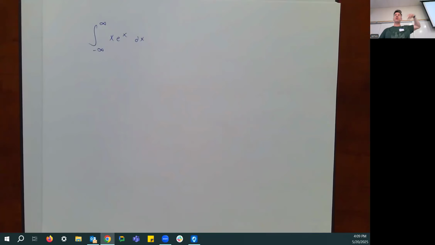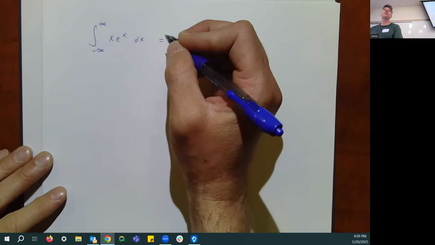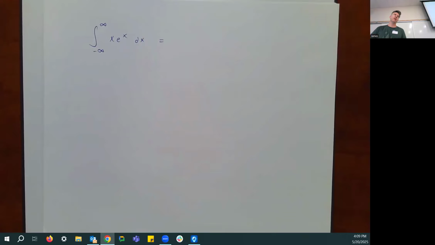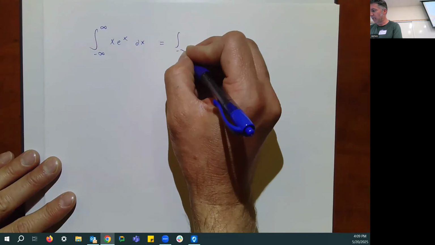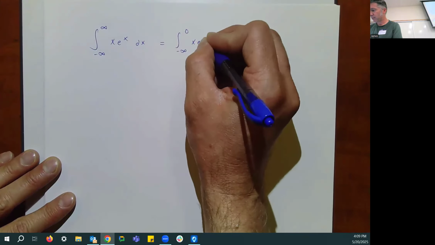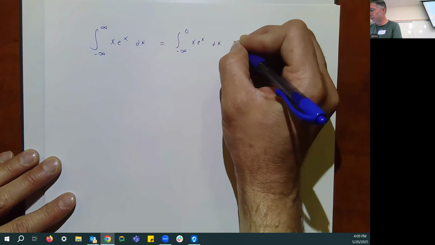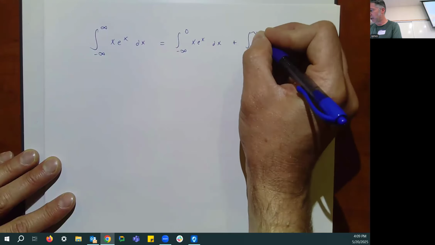Both of these limits of integration are a problem, so we have to break it up so that we have two integrals, each having one problem. You can break it up anywhere you want. We usually pick 0, although you can pick anything in between negative infinity and infinity. So we're going to write this as the integral from negative infinity to 0 plus the integral from 0 to infinity.